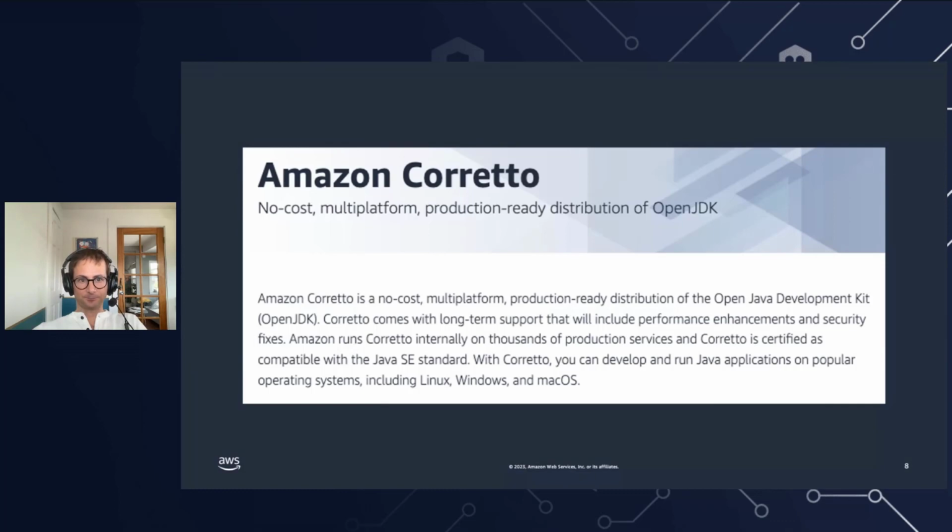You can use Amazon Corretto on AWS, but a thing that is less well-known is that you can also use it and get support from AWS if you use it on your development system and even on your on-prem system. We want to make Amazon Corretto a really good JVM that you can run everywhere.